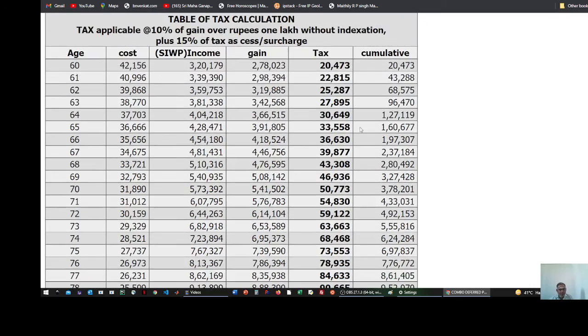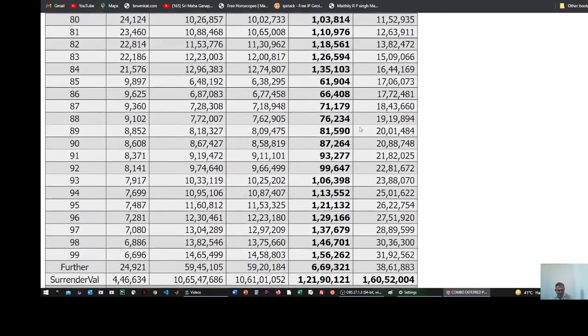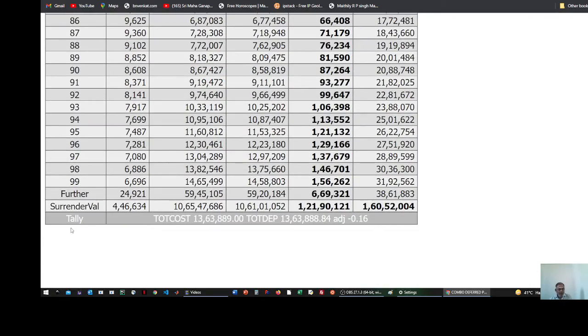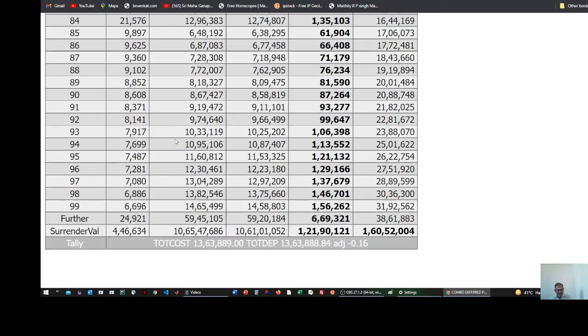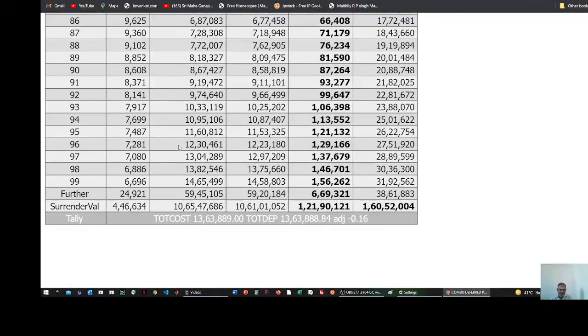Now, the tax rates are here. Total cost add to total deposit. Total cost is the sum of all the cost apportioned, and total deposit we have already calculated earlier. The adjustment is 0.16. This is because of the rounding off. This adjustment will be there.